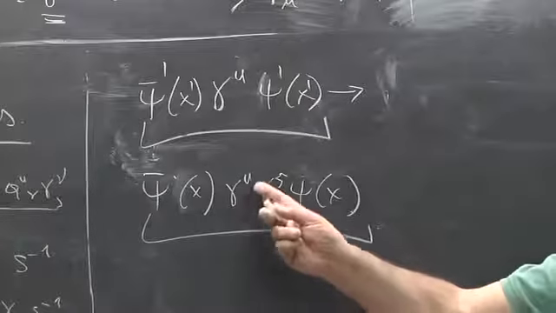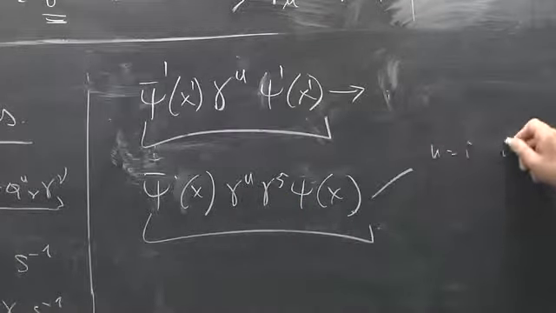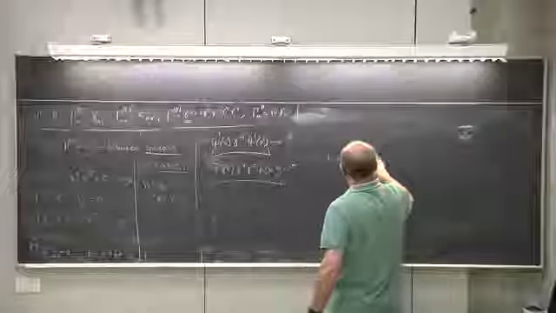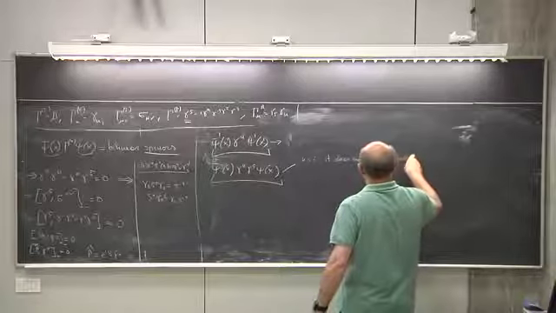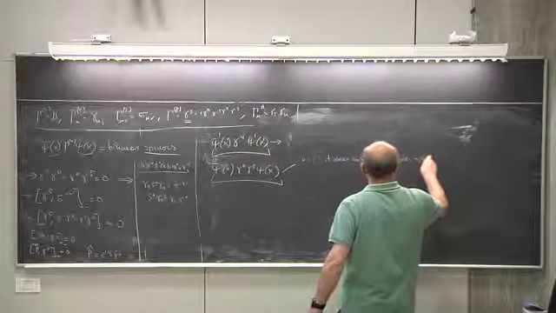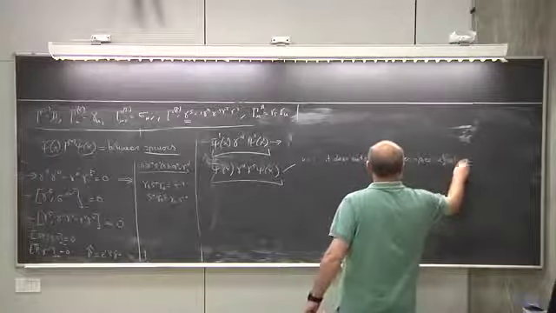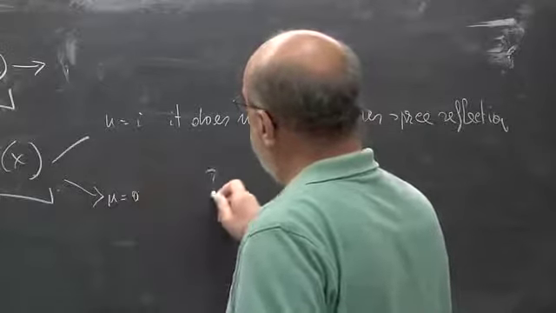So that means if I take mu equal i, it does not change under space reflection. For mu equals 0, well, you have to find out.